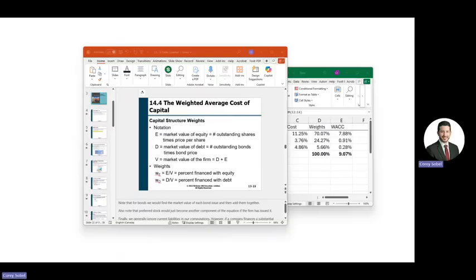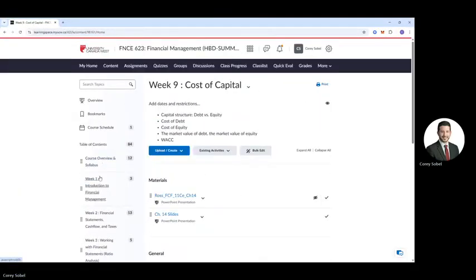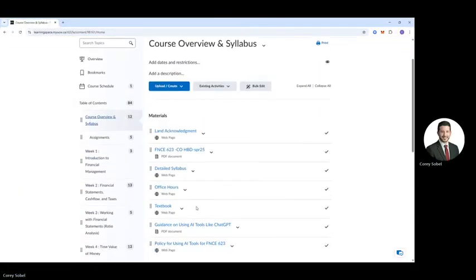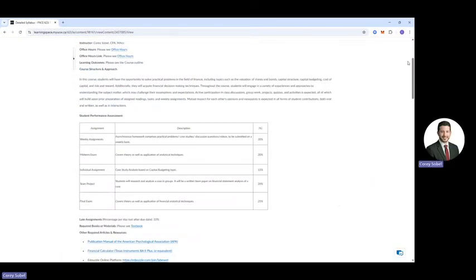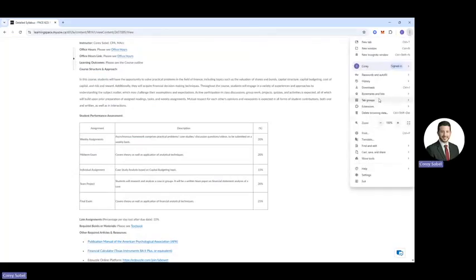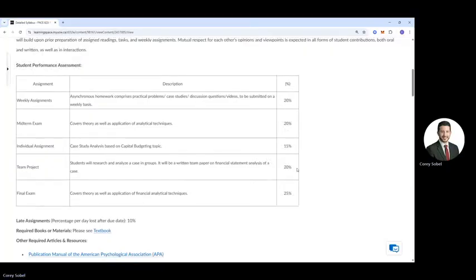With that said, I just want to open up the syllabus and take a look at a couple of items regarding the final exam and help you focus your studying a little bit. Okay, so let's get the syllabus pulled up. Like I said, the final exam is a cumulative exam. It's worth 25%.